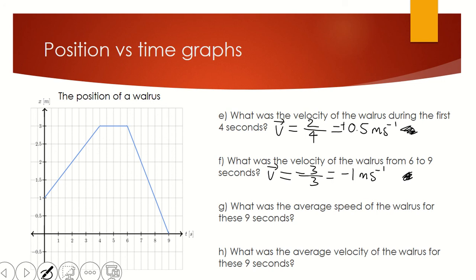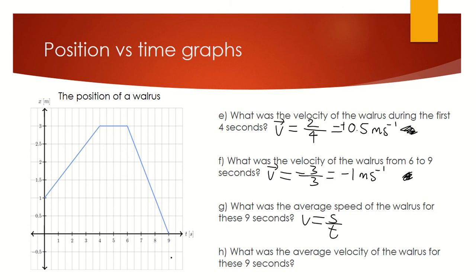Now, what was the average speed of the walrus for these 9 seconds? The formula for average speed is distance over time. So how far did the walrus travel in total? We worked it out on the previous slide, so he travelled a distance of 2 meters and then back another 3.